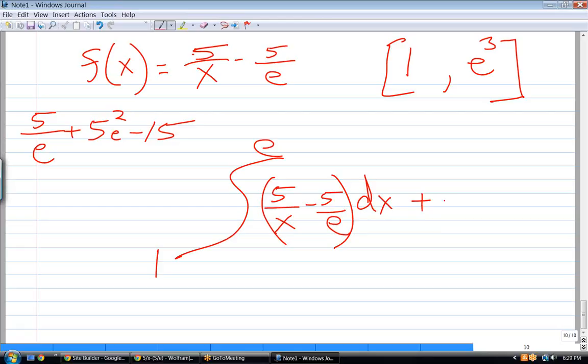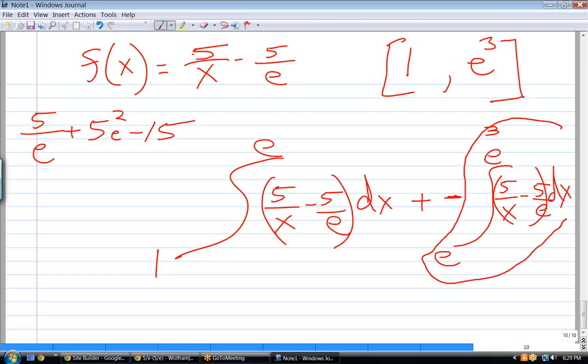Plus, I want to add the negative of the next integral, which is below the x-axis, going from e to e cubed of the same function. Notice that if I were to do that alone, I would get a negative number for the area. So that's why I put a negative sign in front to make it positive. Okay? So it's like that.